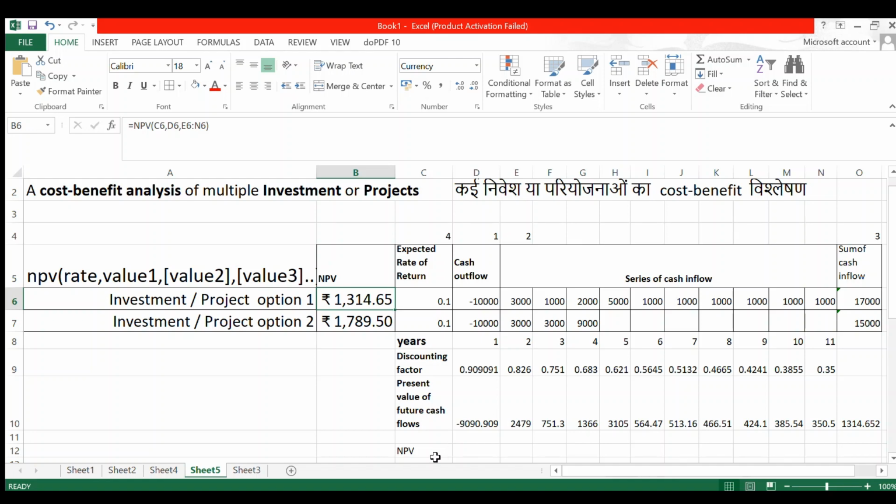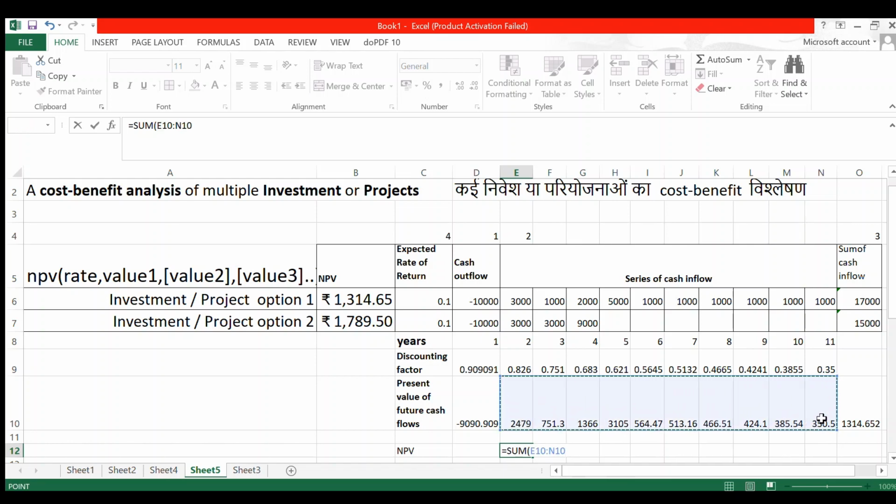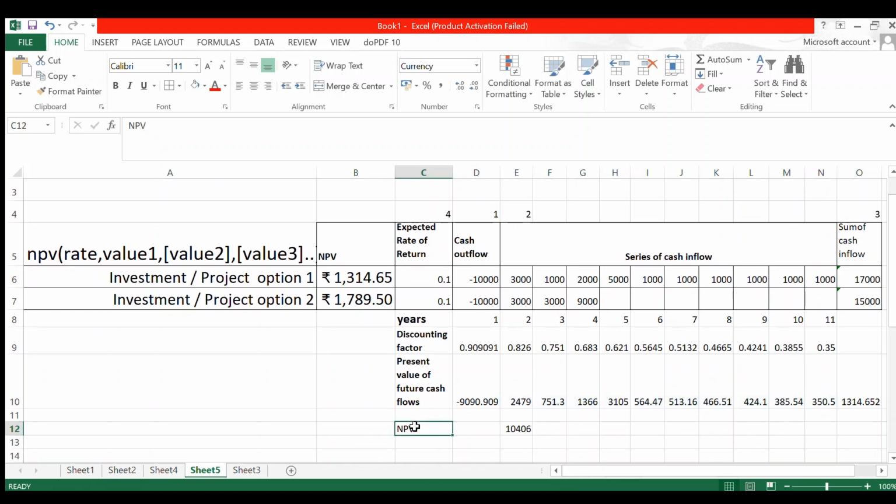So the net present value does not mean you are getting only 1314, but you are getting much more. The present value of all your cash inflows can be calculated separately. This is the total amount of inflows. This is the present value of all inflows. This is the present value of all cash outflows.